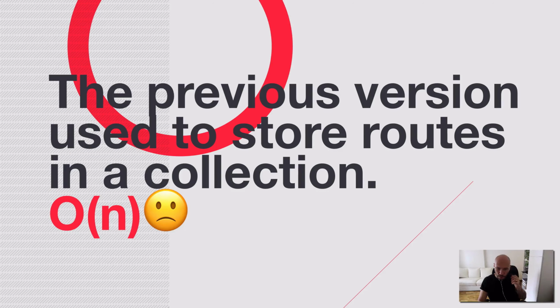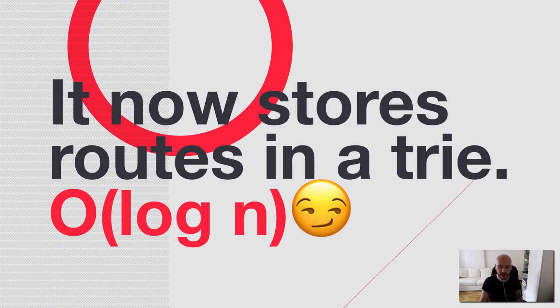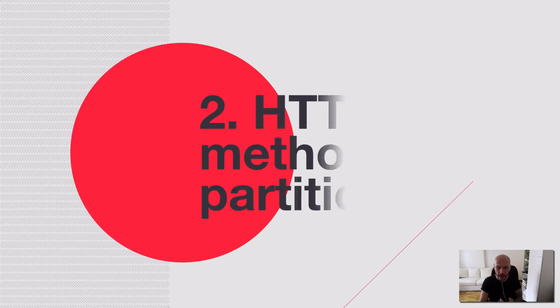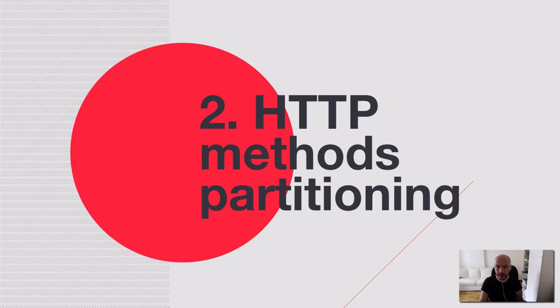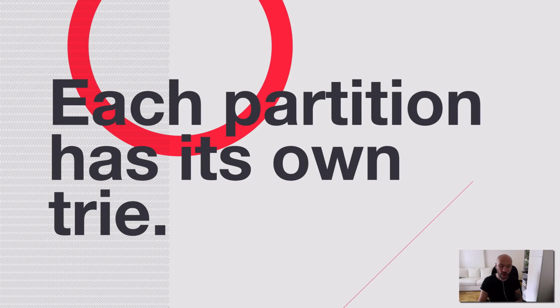Again, the previous version stored routes in a collection, and now it stores them in a trie. Second enhancement, HTTP methods partitioning. What that means is each partition now has its own trie. The first time that I switched from array to trie, it was just a gigantic trie with all the routes in it.